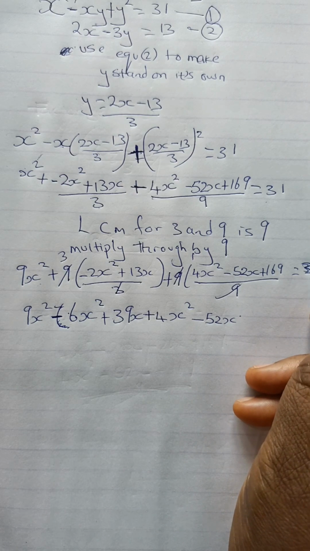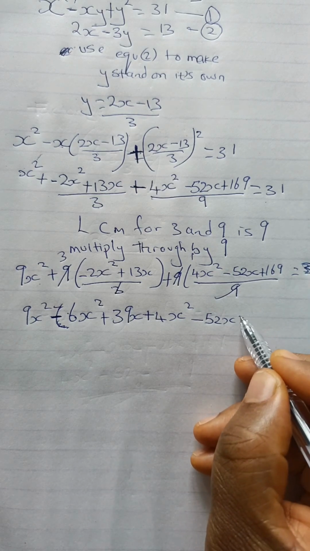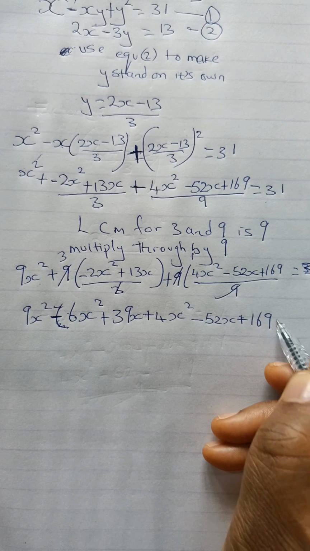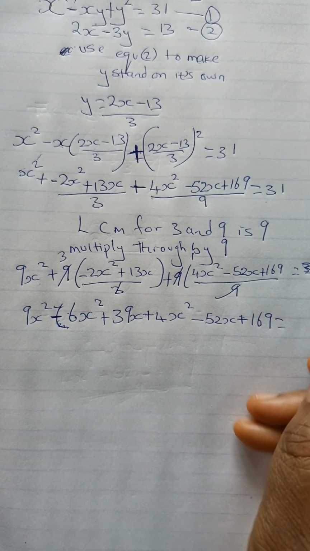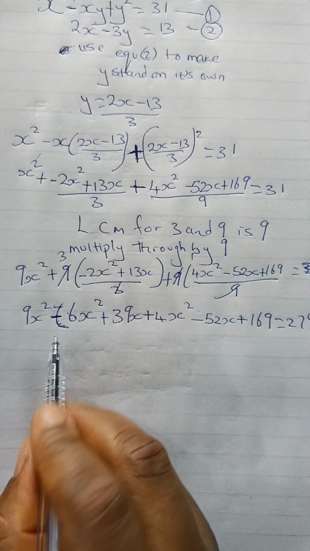This will be times 9 also. So now 159 plus 169 equal to 39 times 1 is 279.